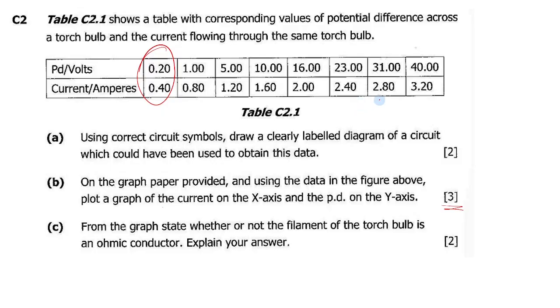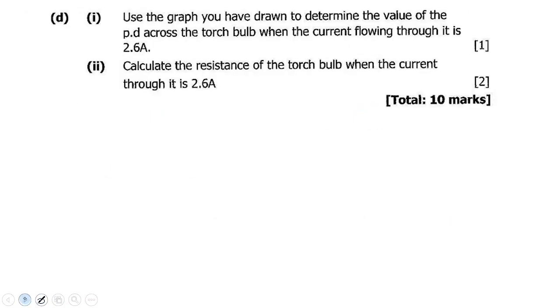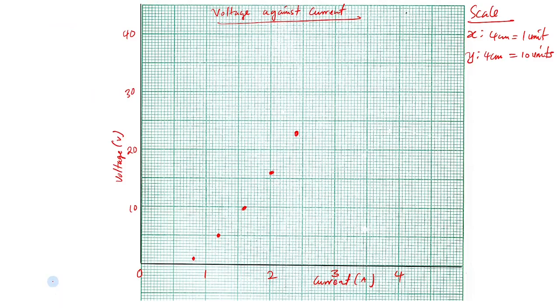Then here, 2.8 comma 31. 2.8. So this is 2.5, 2.6, 2.7, 2.8 comma 31. 31 is here. So this is 2.5, 2.6, 2.7, 2.8. So 31 will be here.